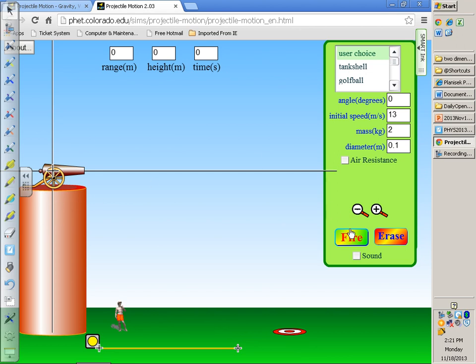If we fire this cannonball, at the moment it became a projectile it was moving horizontally, but the instant after it gets fired, gravity starts acting on it, and it goes down in this curved path.